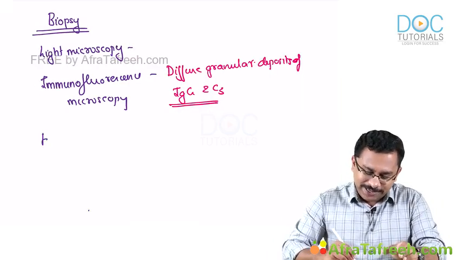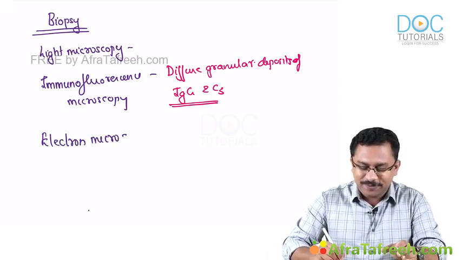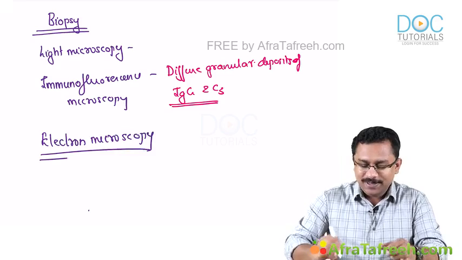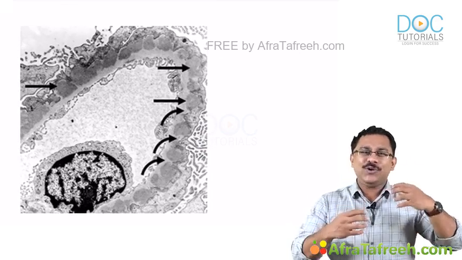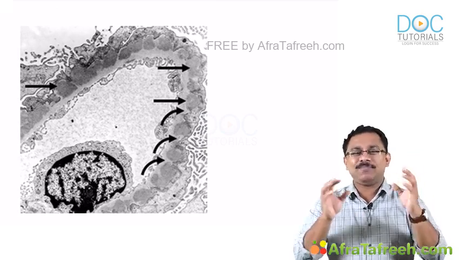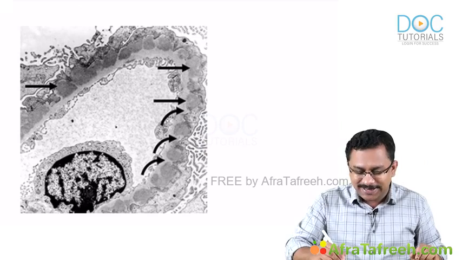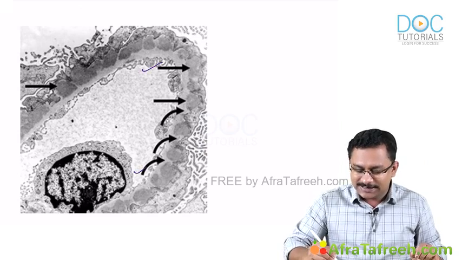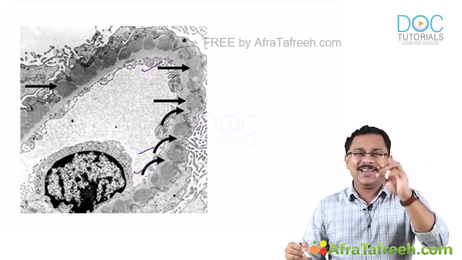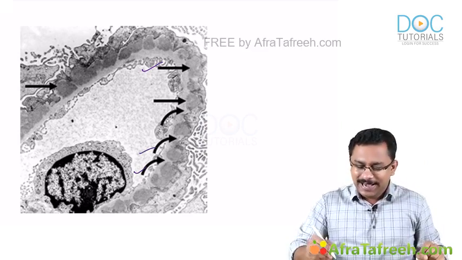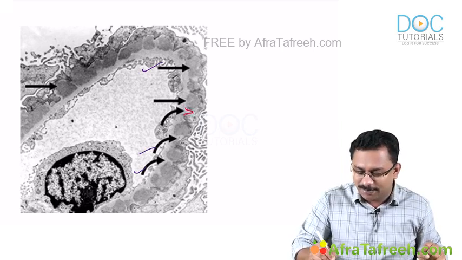And what about electron microscopy in case of membranous nephropathy? I'll just show you an image. As I told you before when we discussed that simple diagram, you are seeing certain straight arrows as well as certain curved arrows. The straight arrows show the immune complex deposits, and the curved arrows are in fact the spikes that I was talking about.